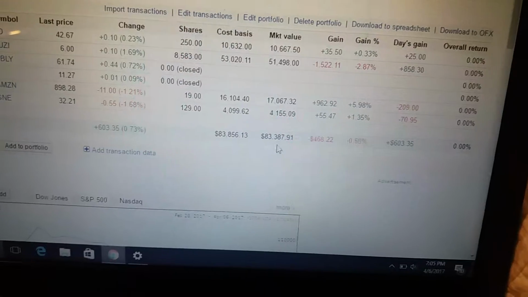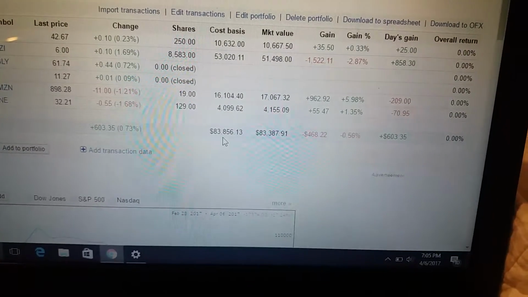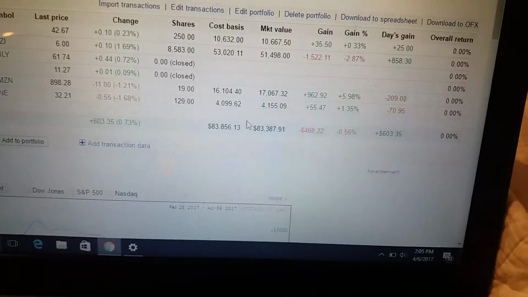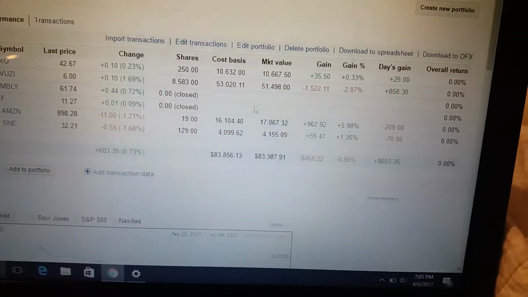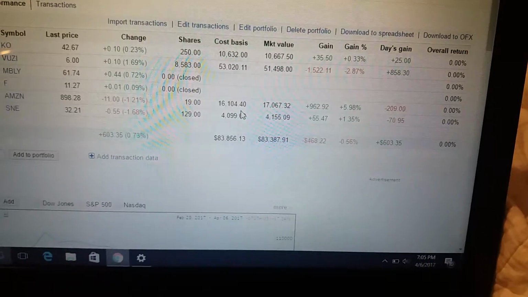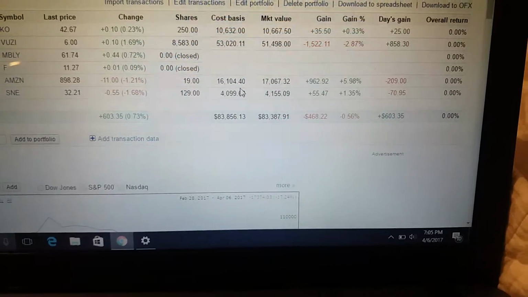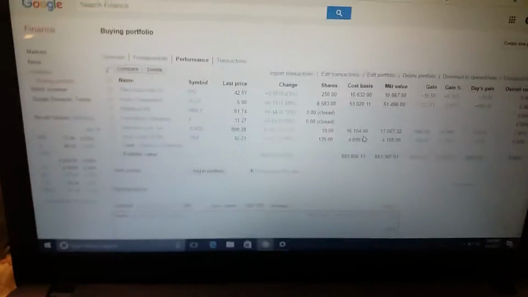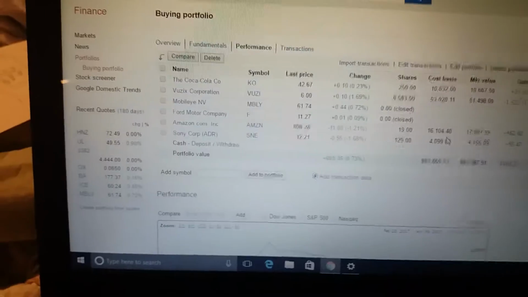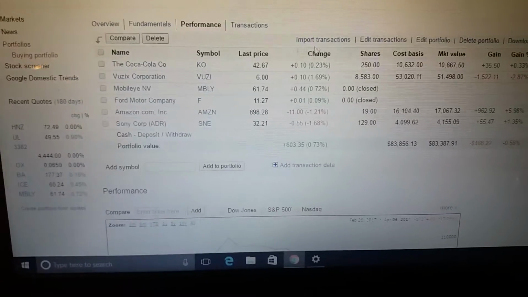This column always needs to be more than this. So market value needs to be more than cost basis so that you can gain money. As of right now, you have a negative $468.22 for your portfolio. So you're going to want to look at what stocks are valued at change.